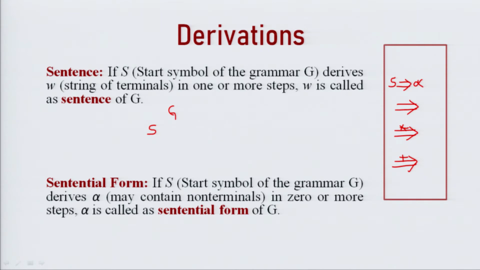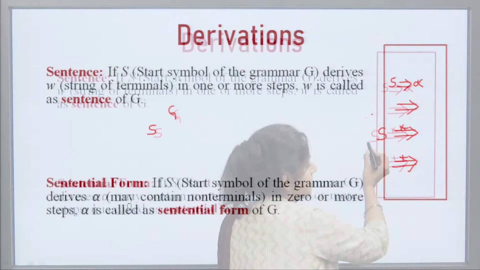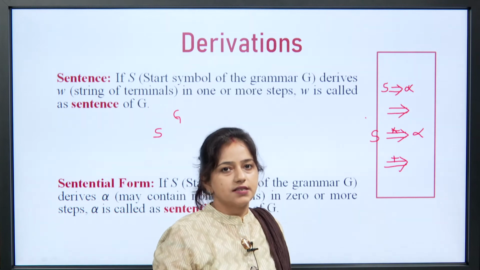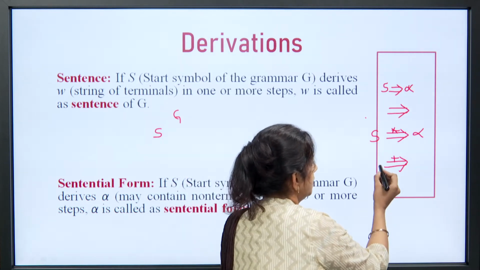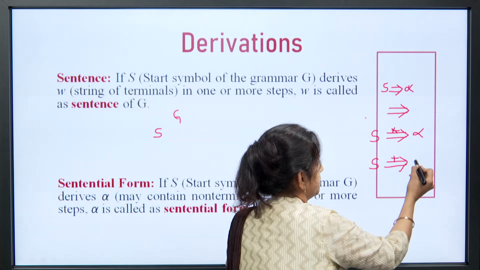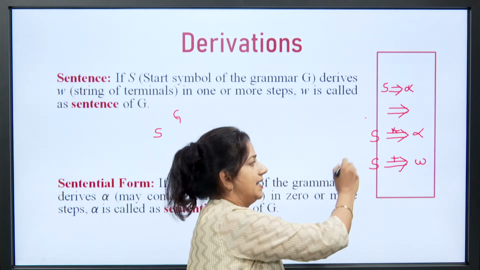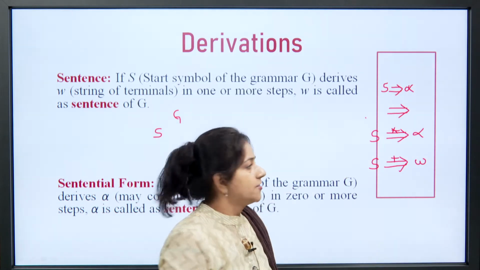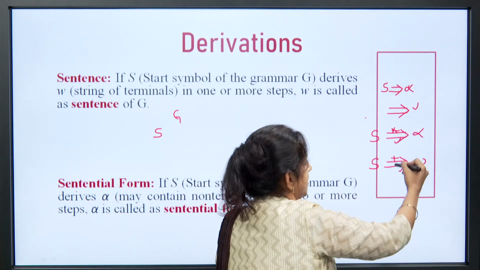The meaning of this symbol is LHS derives RHS in one step. Next is this one, the meaning is LHS derives RHS in 0 or more steps. Next is the second one, suppose S and here we have W, the meaning is LHS derives RHS in 1 or more steps. So, these are the symbols that will be used.